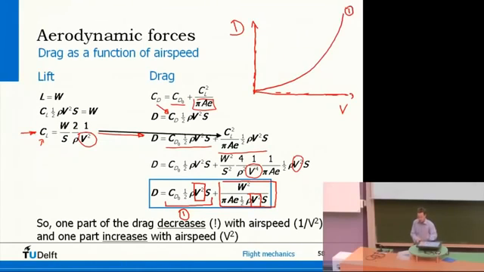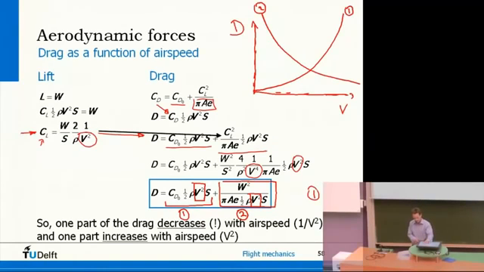It's just a parabolic curve. It's a function of V squared. The other one, on the other hand, has all constants in there, but it's 1 over V squared. So if I call this one number 2, then number 2 looks a bit like this. So 1 plus 2 gives you the total drag.